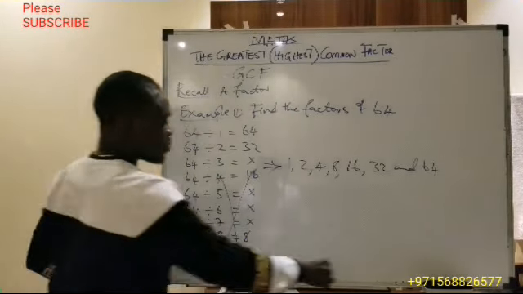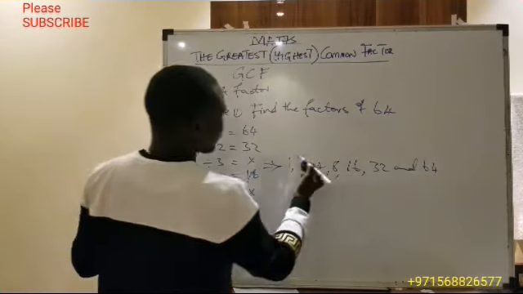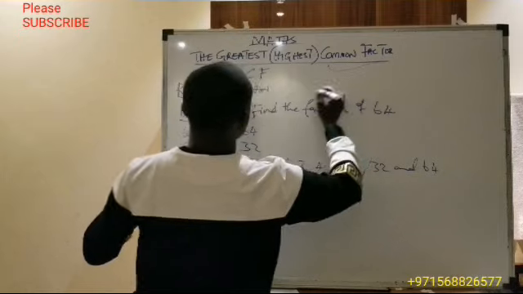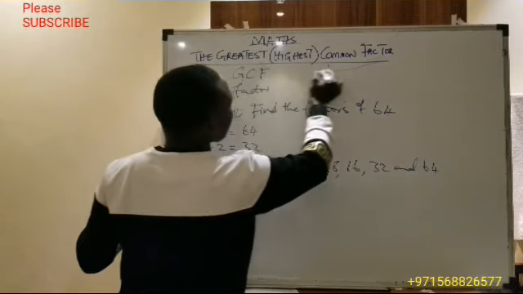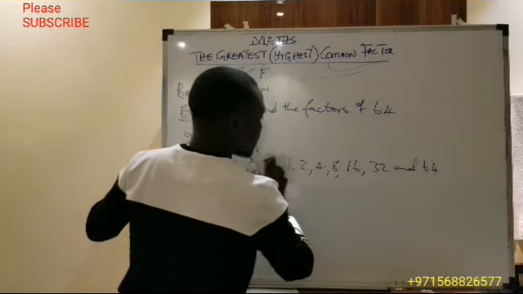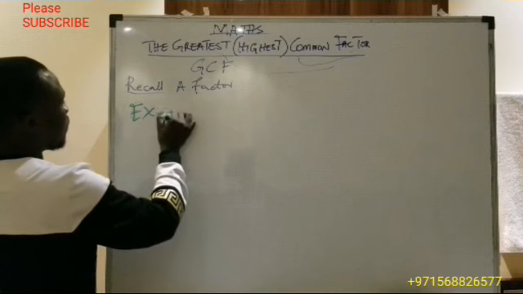Then with example 2, we're going to use it to explain what we mean by factor, the common factor, and the greatest common factor. So there we go with example 2.